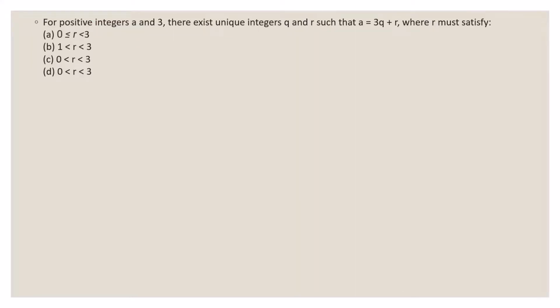So the next question. For positive integers a and 3, there exist unique integers q and r such that a equals 3q plus r, where r must satisfy, and the options are given. For solving this question, we know what Euclid's division lemma is.